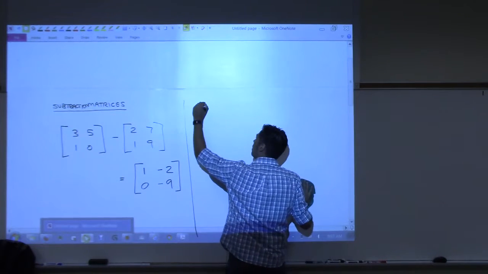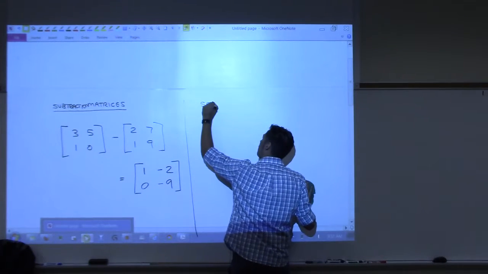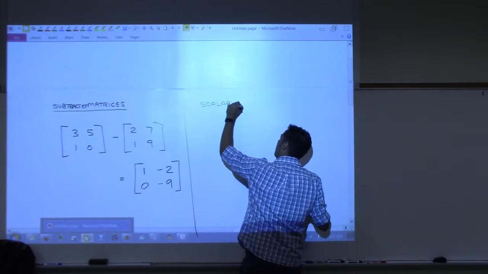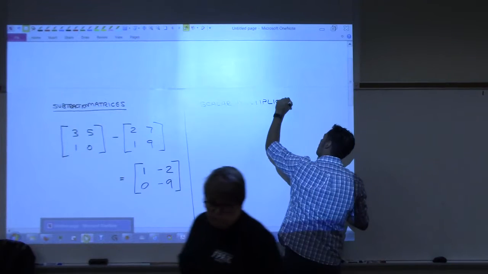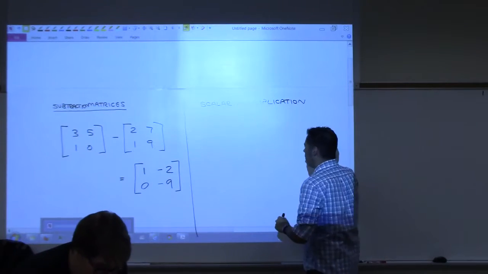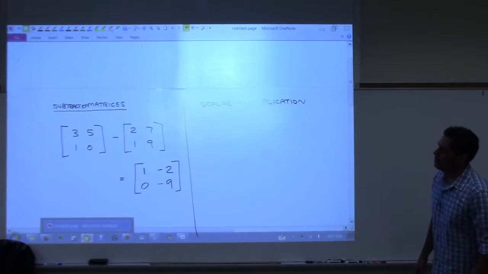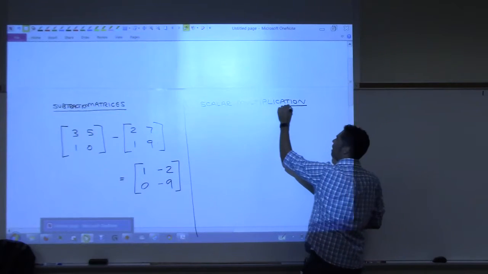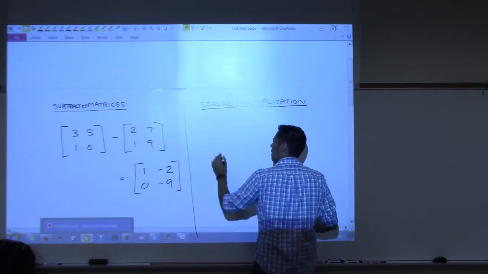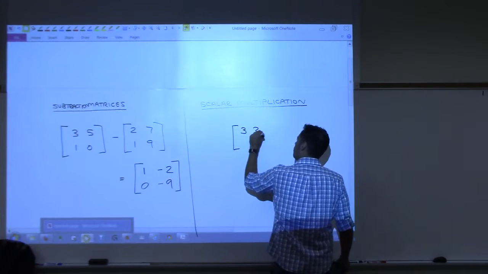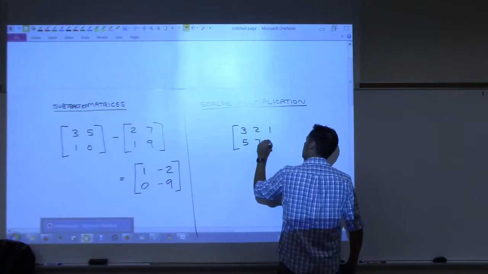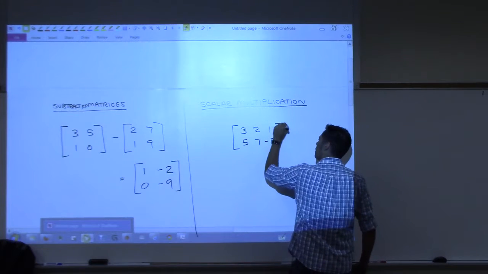This is called scalar multiplication. So for scalar multiplication, you're going to have something that looks like this. What if I take a matrix? Let's just do 3, 2, 1, 5, 7, -5.